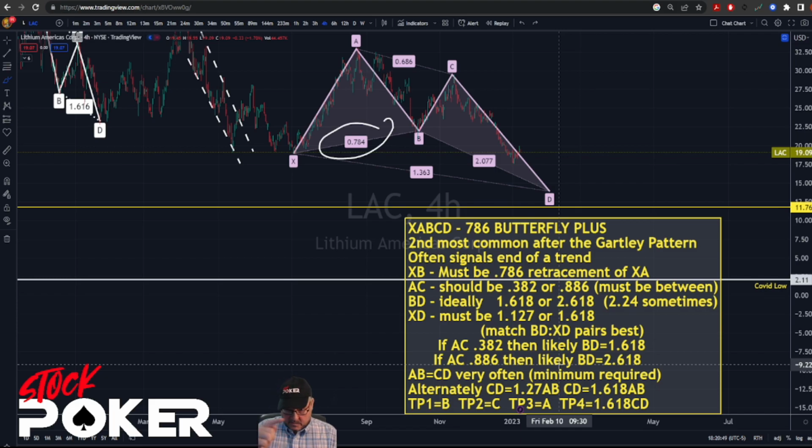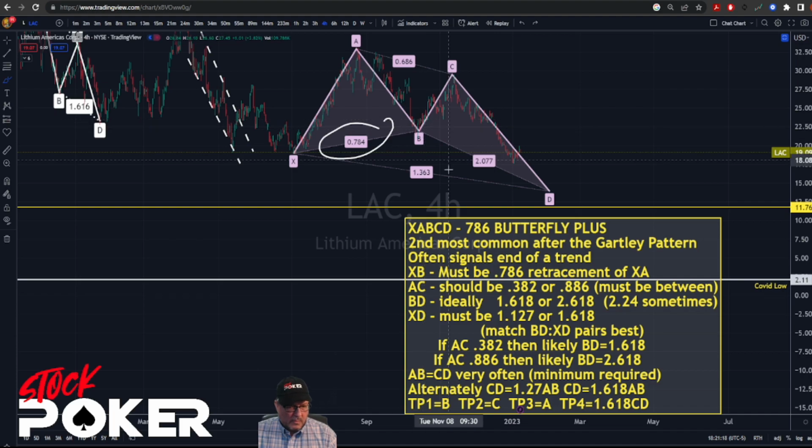And then I'm going to show you alternately if the CD is 127% of AB, or if the CD leg, that's this leg right here, is the 1618 of this AB leg, then it's also super, super strong.